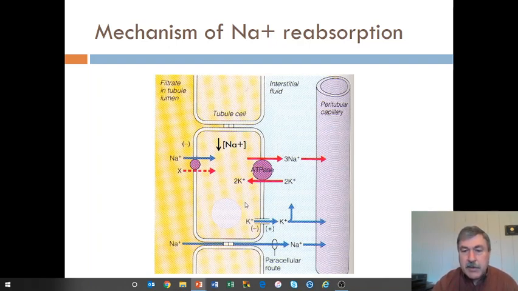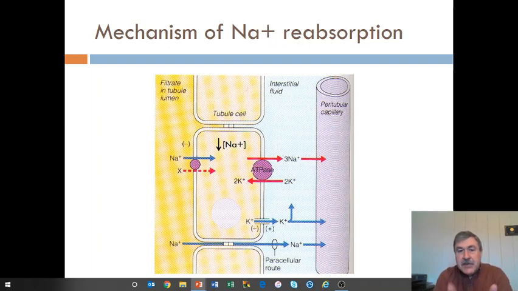So what happens is that there are leak channels in the basolateral membranes for potassium. So when the potassium gets actively transported into the tubular cells, it just diffuses down its gradient through these leak channels into the interstitial fluid, where it is taken up by the peritubular capillaries and returned to the blood. So that way we don't lose too much potassium.